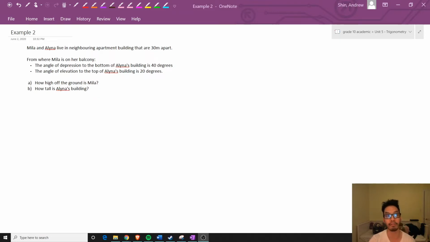So again, before I can even comprehend what's going on here, I need to draw it because pictures are worth 1,000 words, or in this case, I don't know, say 50 words. Okay, so let's draw two buildings that are 30 meters apart. That's what we got here. So here's one building. Here's another building.